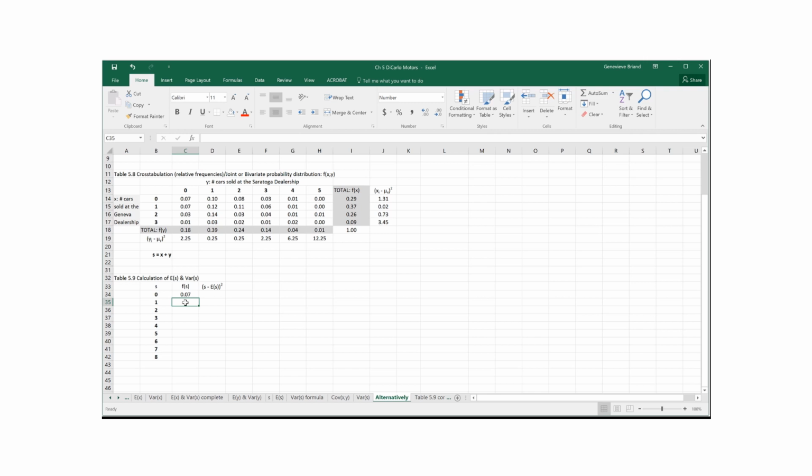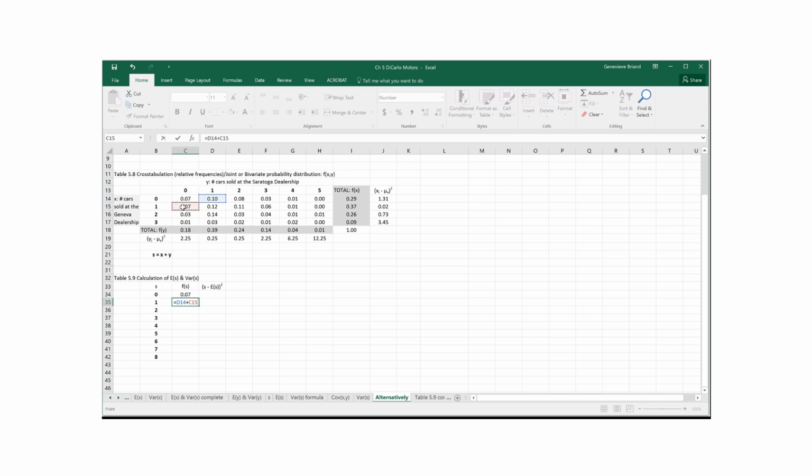S equal 1 can occur when x equals 0 and y equals 1, or x equals 1 and y equals 0.